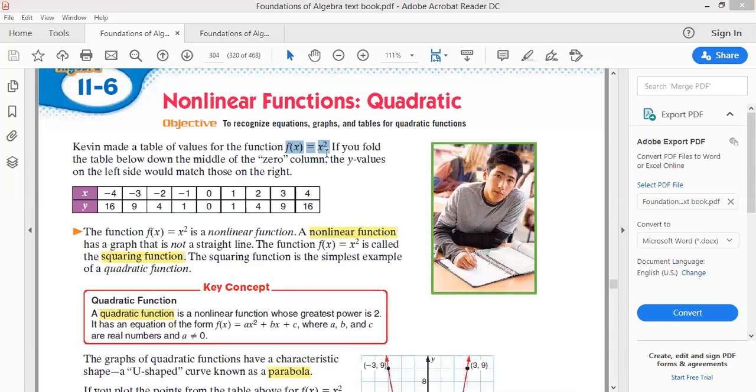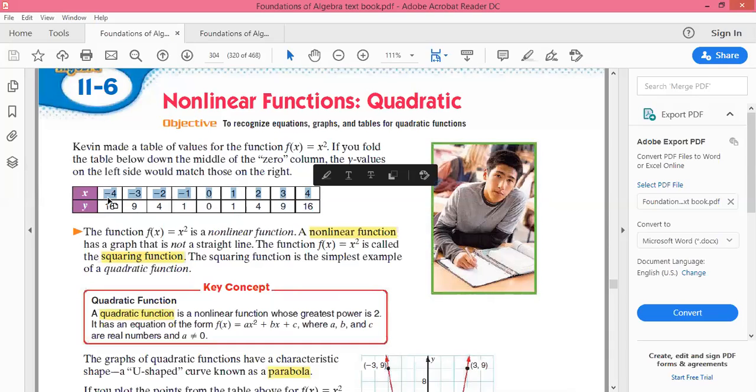Okay. Look here. Here we have the function f of x is equal to x square. We will put the value of x. Yesterday we were putting just one value, but here we will put different values for x. We'll put -4, -3, -2, -1, 0, 1, 2, 3, and 4. That's easy. Listen to me.